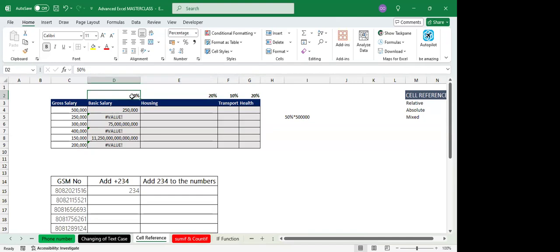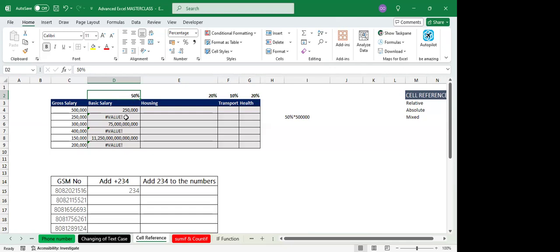Basic salary. That is D2, which is 50%. Now, if I move down from D2, what will I have? D3. What is on D3? Basic salary. So can you see what is happening now?